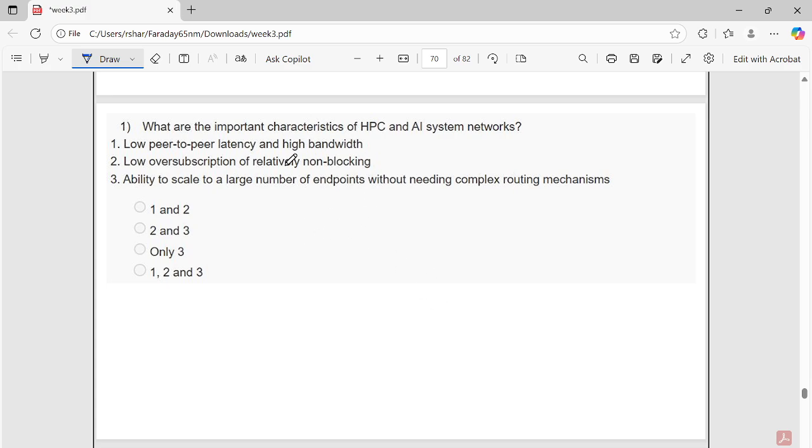Low oversubscription, relatively non-blocking, which ensures minimal congestion and bottlenecks. Next is the ability to scale to a large number of endpoints without needing complex routing mechanisms. This is also important for large scale systems to maintain efficiency and simplicity.